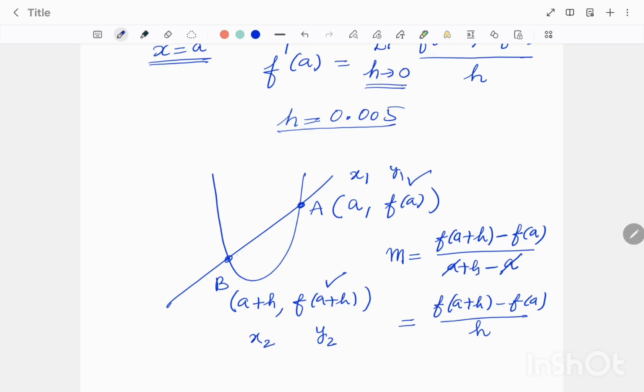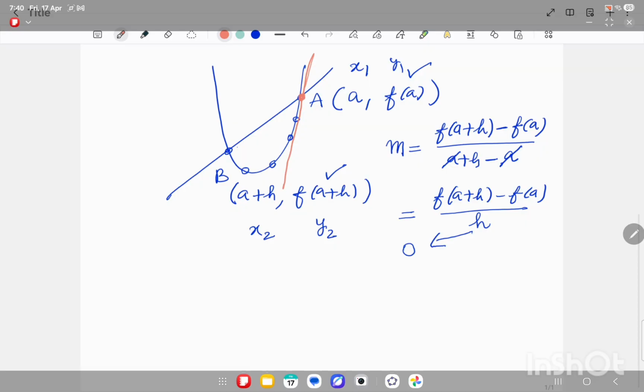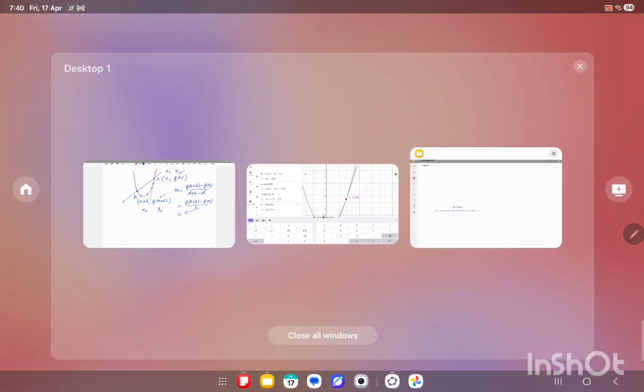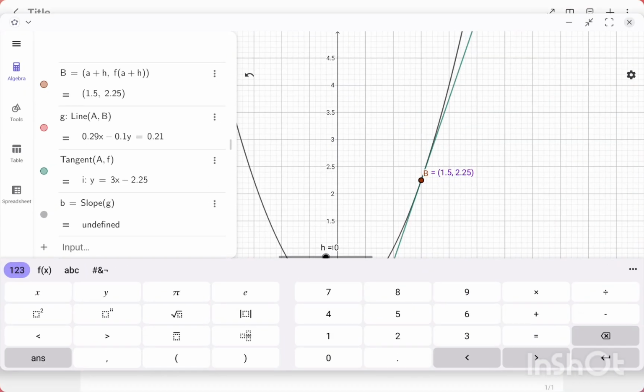Whereas when h approaches 0, that means this point keeps moving towards A. When h is approaching 0, B will coincide with A and this secant will become the tangent. That is what we have seen in this animation.